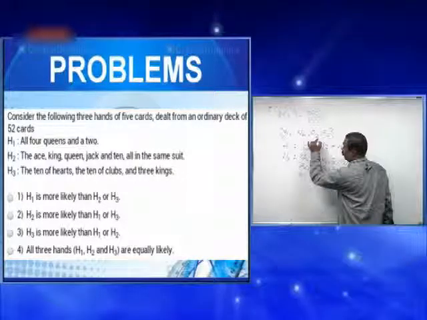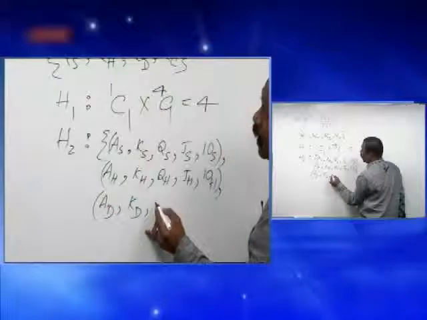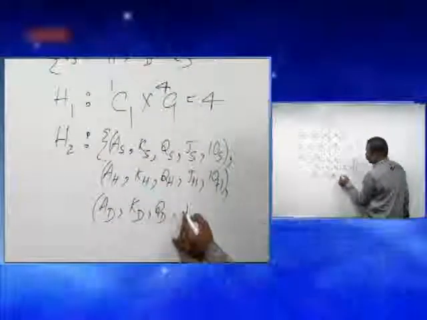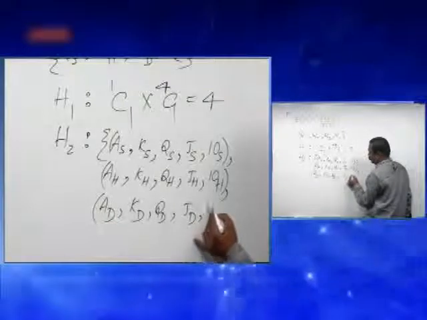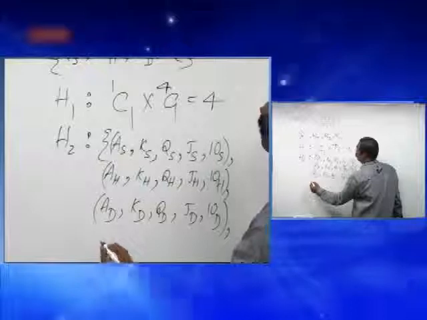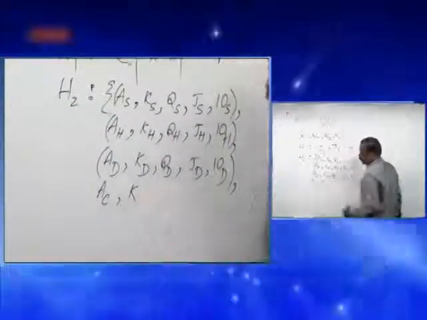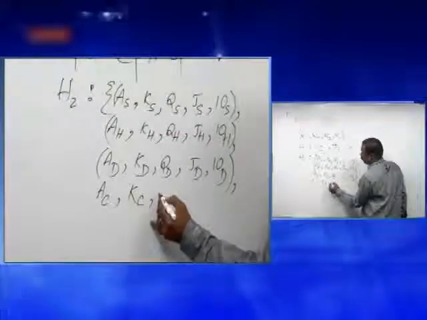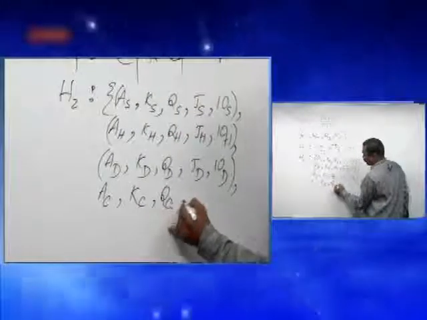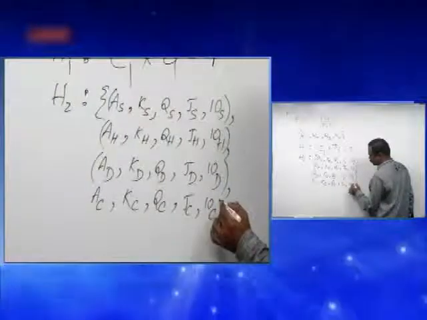A from diamond, king from diamond, queen from diamond, jack from diamond, and 10 from diamond. This is the third set. And what should be the fourth set? A from clubs, king from clubs, queen from clubs, jack from clubs, and 10 from clubs.